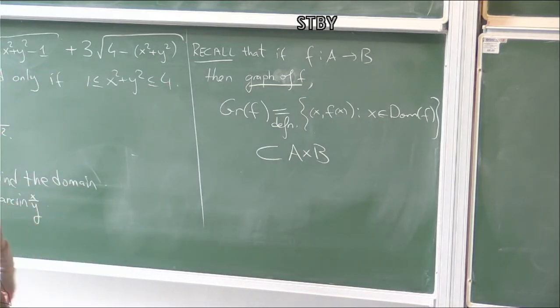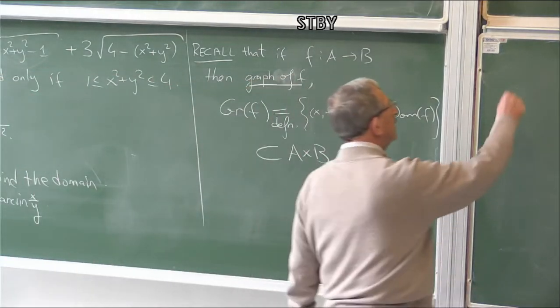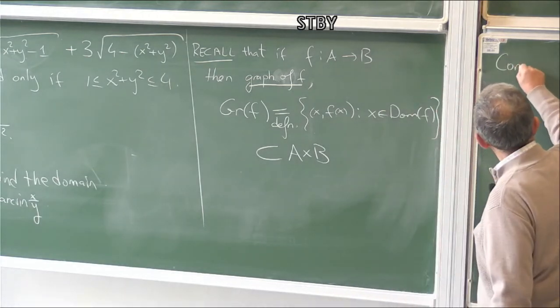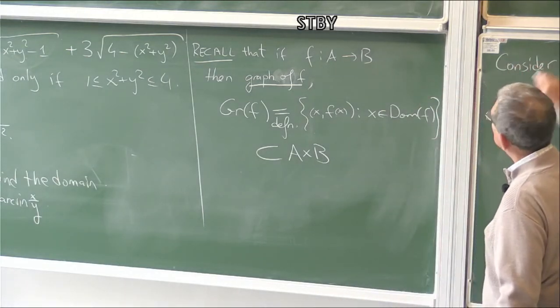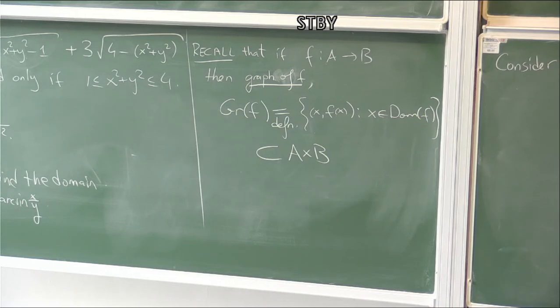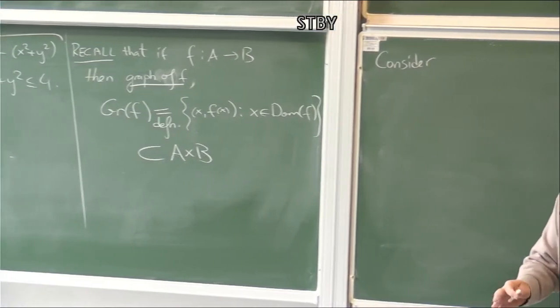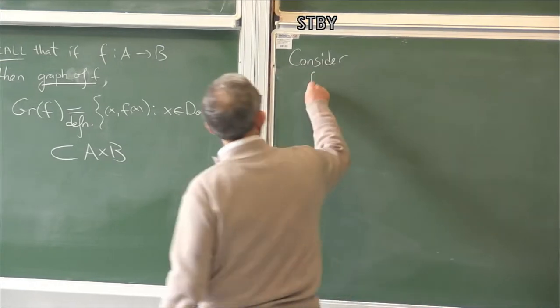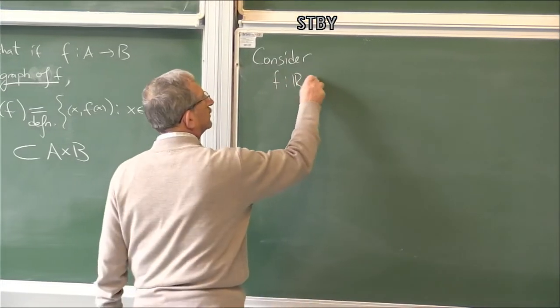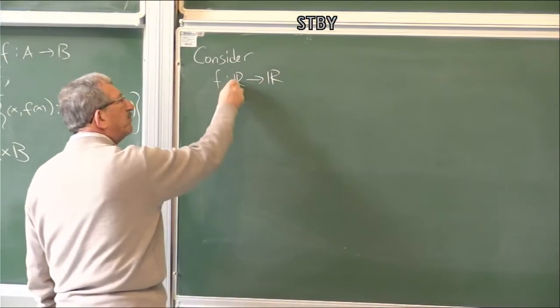Now, in our case, we consider functions from reals into reals, or plane into space, or space into reals, whatever. So we only have real numbers. So consider a function from reals into reals. It can be part of the reals.